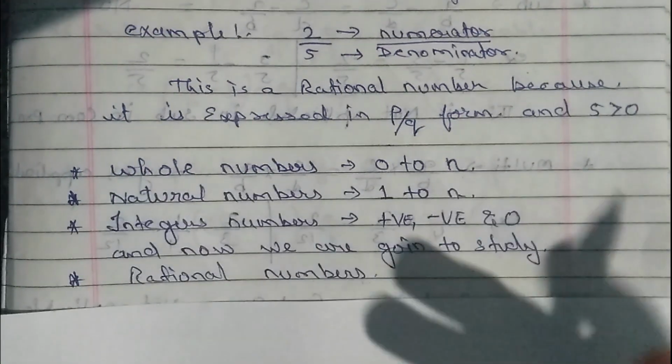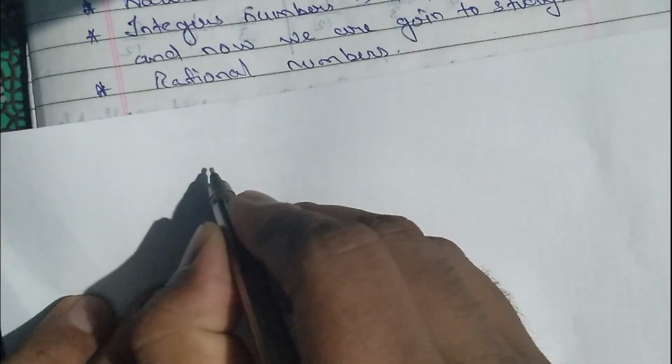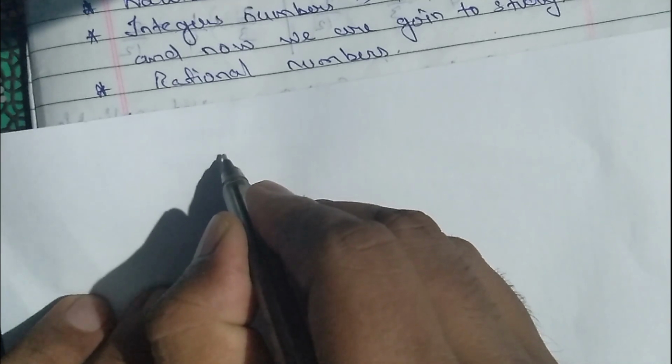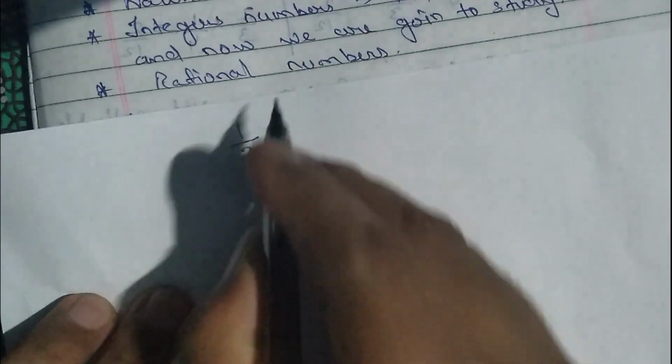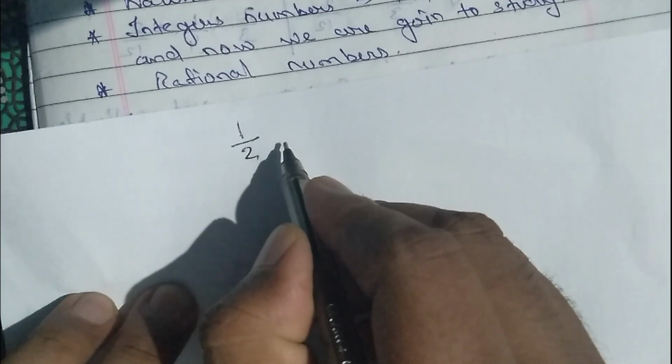Let's see a few examples of rational numbers. Suppose I say 1 upon 2 is a rational number, because it is written as integer 1 divided by integer 2. So it is a rational number.